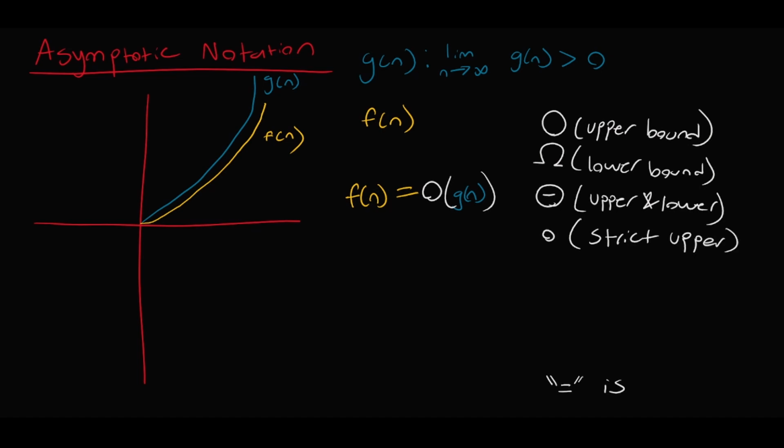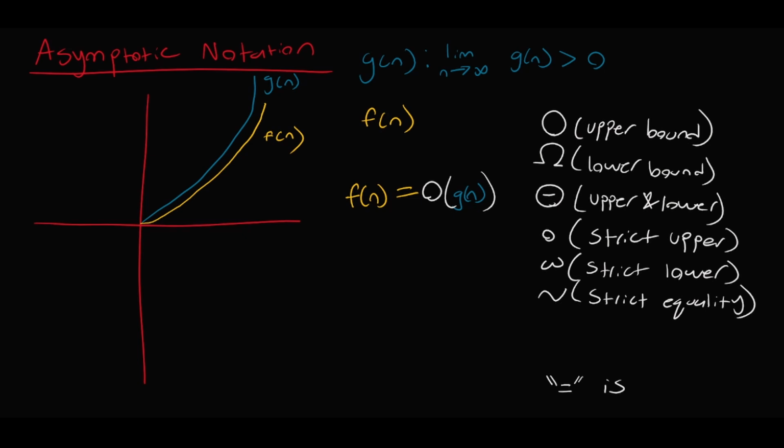Then we have little omega, which means strict lower bound. And then we have this tilde, which represents strict equality.